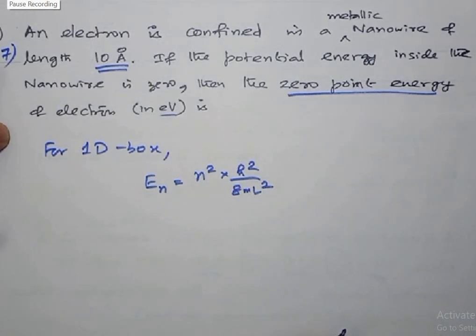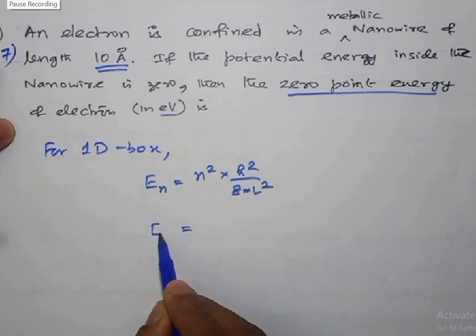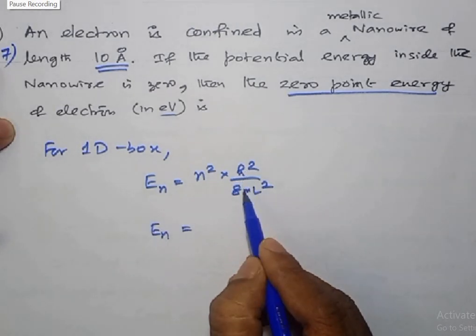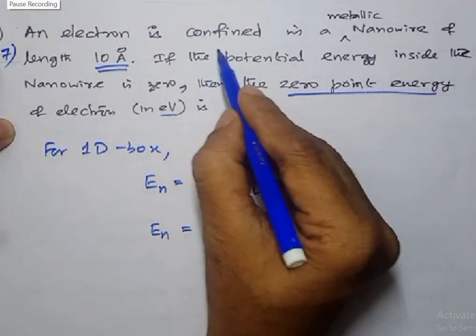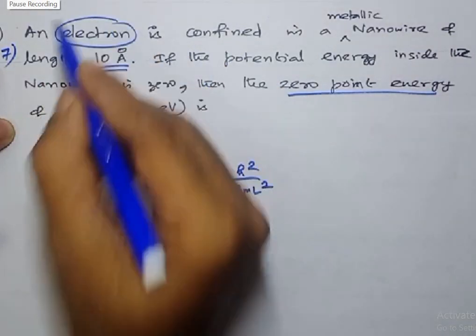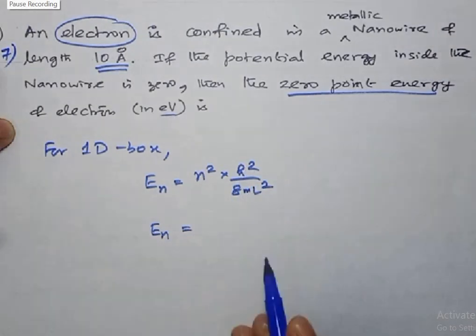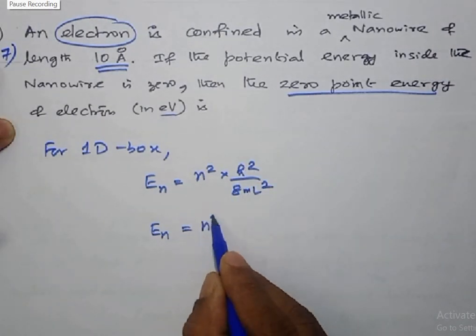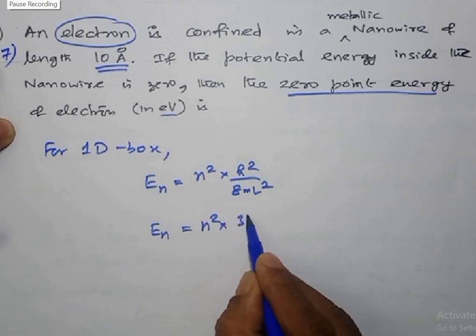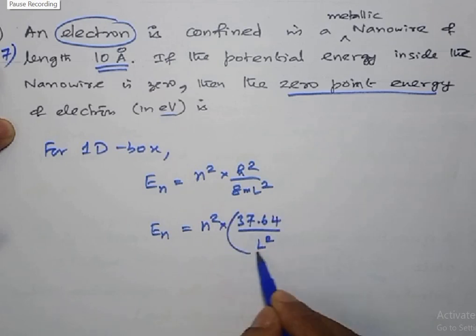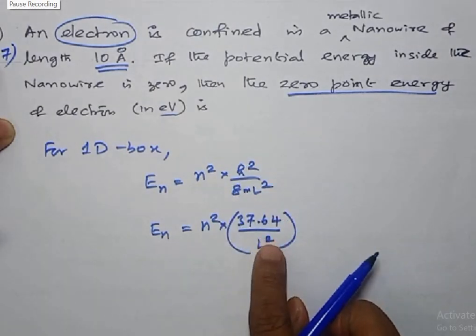This we know, right? And observe this, this is very important. If we substitute the proper values of h and the mass, since the particle is an electron, you will get n square into 37.64 by L square. This value becomes like this.